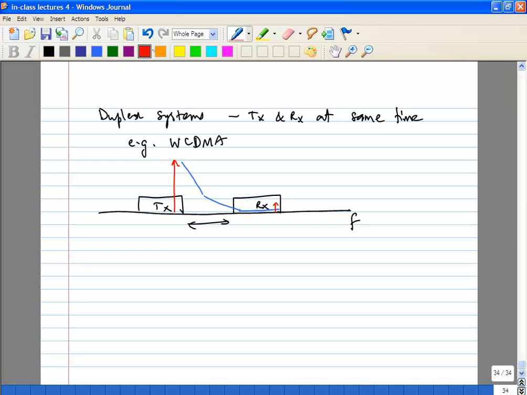And this will be pretty large. Your TX to RX spacing is typically in tens of megahertz in most cellular systems. So remember, 1 over f noise will typically go till a few hundreds of kilohertz, and sometimes less, by the way.